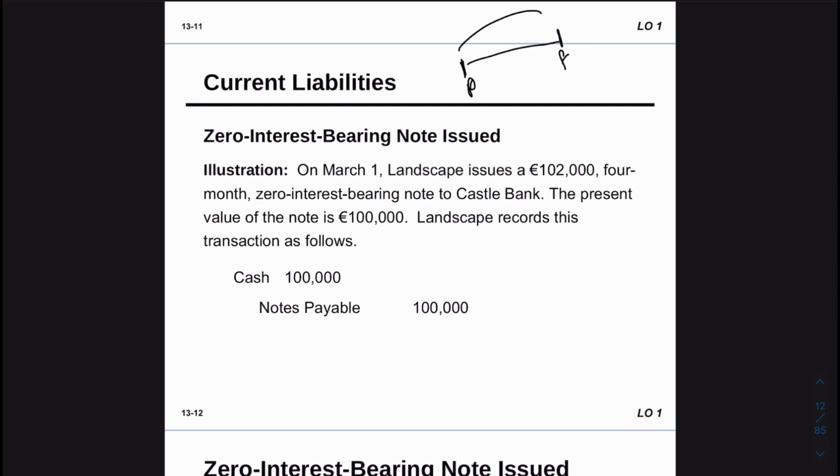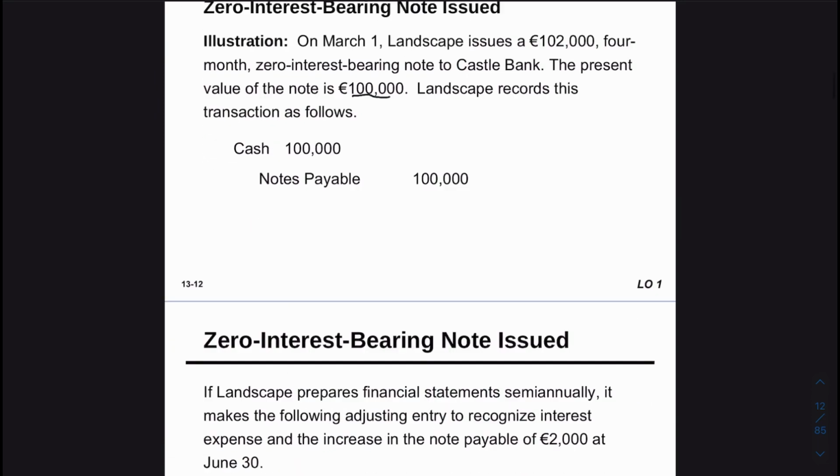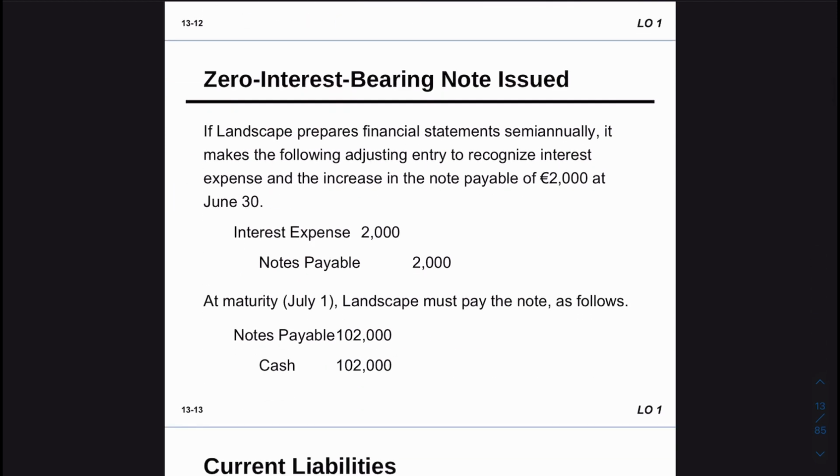Okay, so since it is a zero interest bearing note, today we will receive the present value of the notes, which is $100,000, so cash is debited, and we'll credit notes payable with 102,000. And then same as in the example here, semi-annually we are preparing the financial statement.